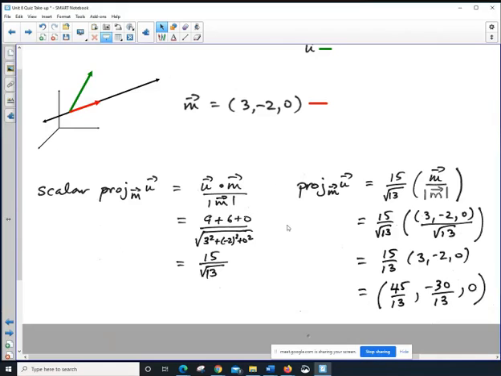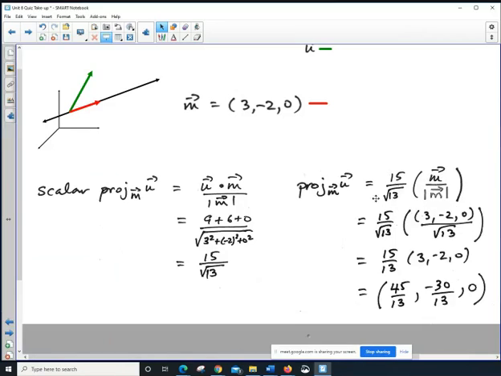Had you started from scratch and used the formula that we came up with for the vector projection, no problem, you would have gotten the same answer. But here I made use of the fact that I've already found the scalar projection, and I'm just multiplying that by the unit vector in the direction of m, which is what this represents.